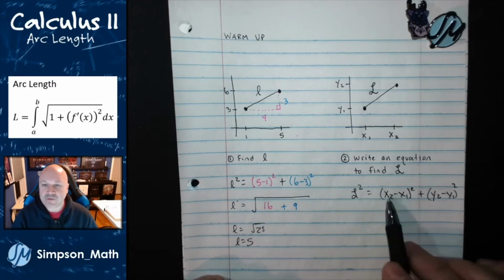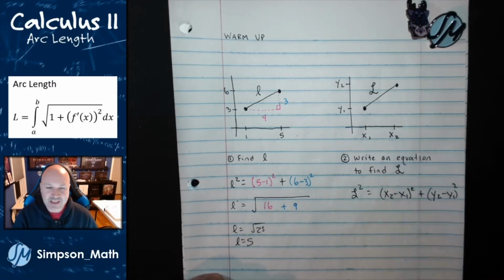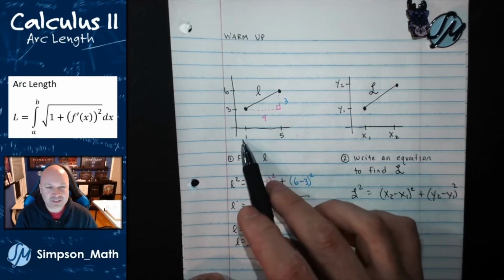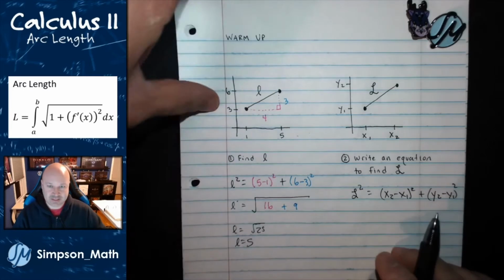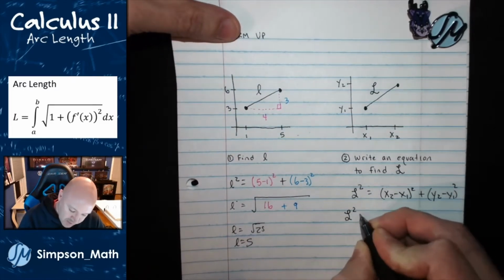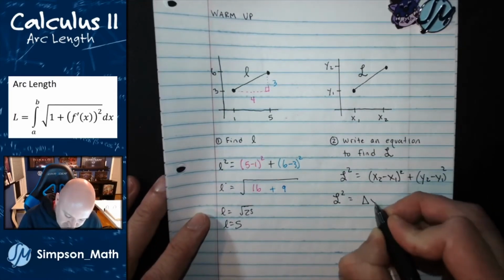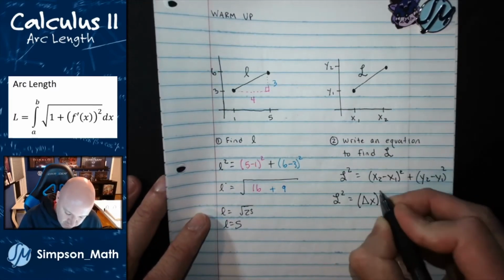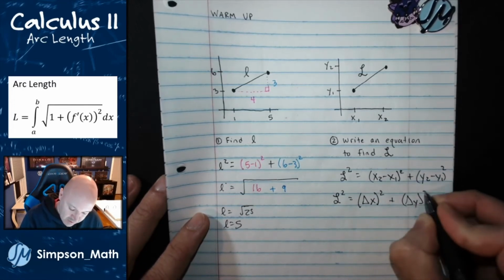Now I keep saying difference or change. Notice I'm changing in these x values. I went from 1 to 5. That's a change of 4. So we have notation for that, the delta symbol. Script L squared is the change in x squared plus the change in y squared.